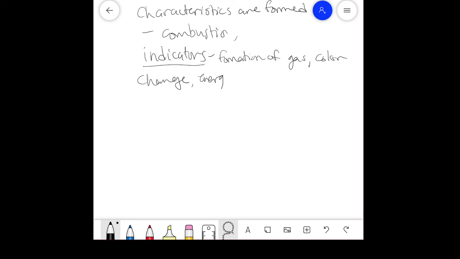Energy change. If you remember from 8th grade, all the different types of energy, going from light to sound to heat. Formation of a precipitate. A lot of these, gas and precipitate, sound like those chemical equations we were writing.